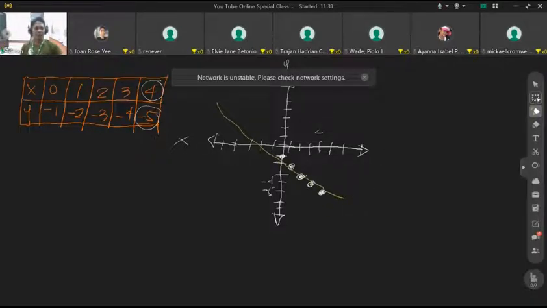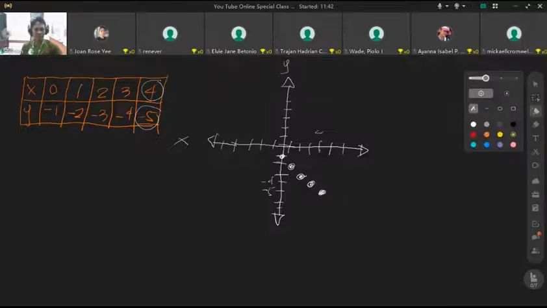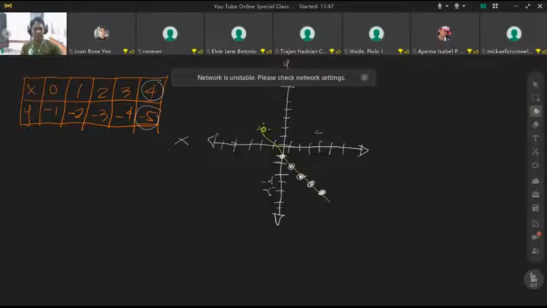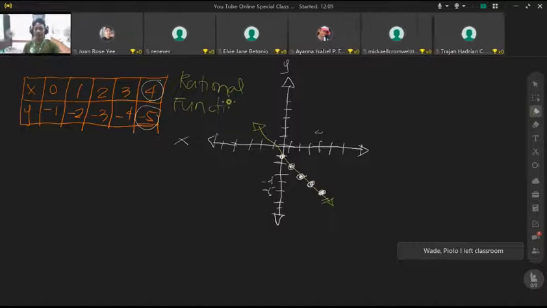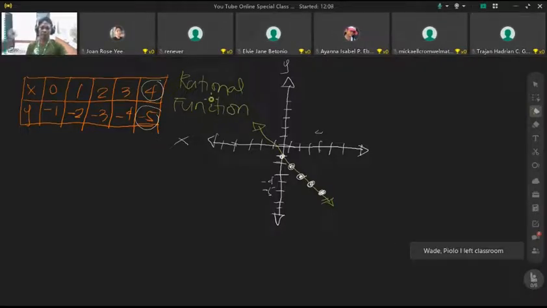Wait lang. This is the graph of the table, and the table is a rational function, which is the topic this week.